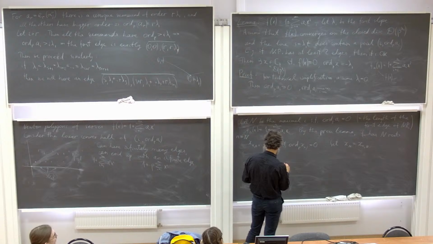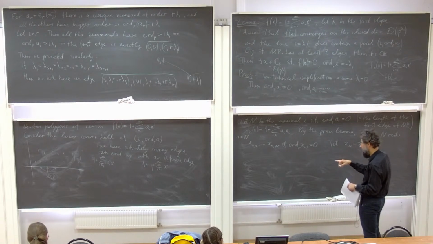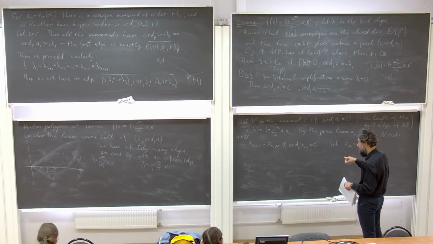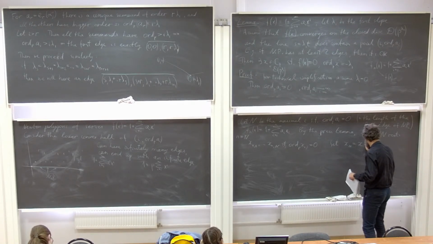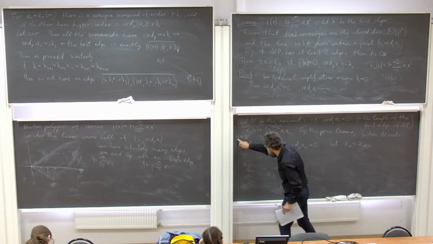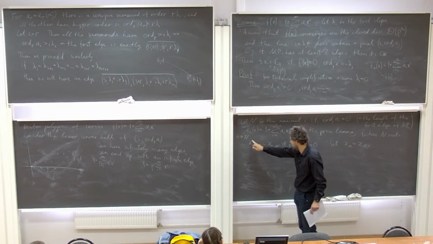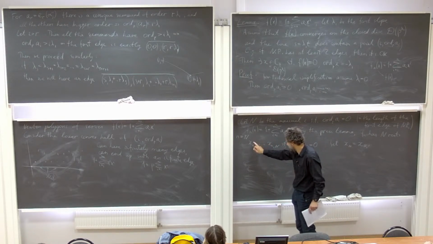We will start from small n equal capital N, and then take one of those roots at random, just the first one.